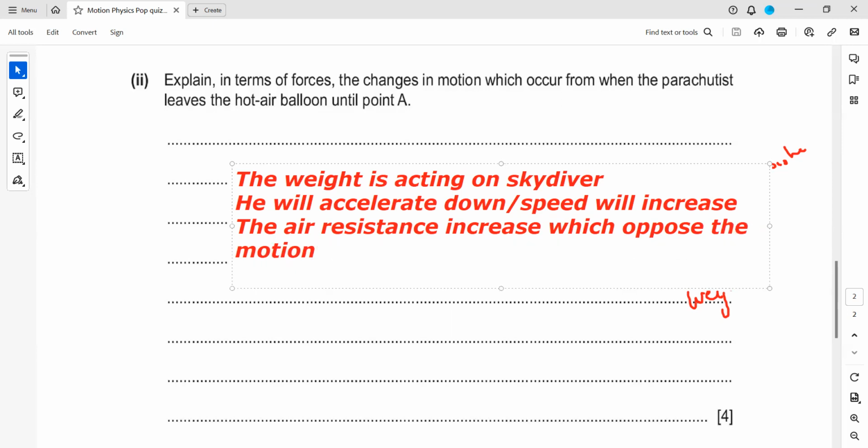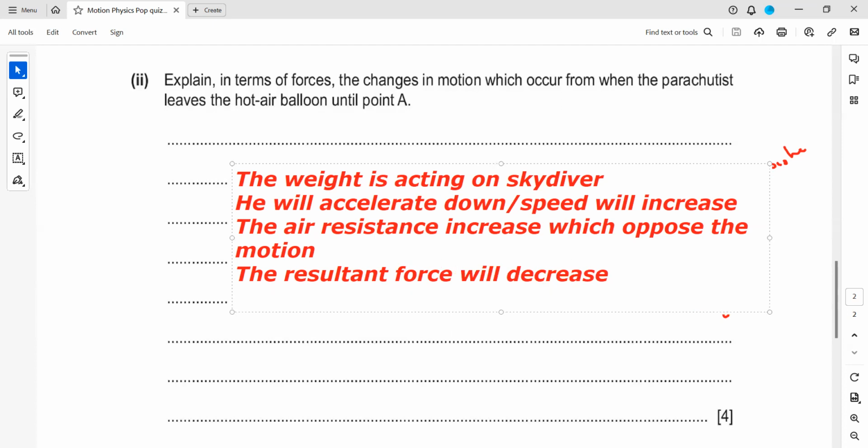Because air resistance is opposite to the direction of the weight, the resultant force will decrease.